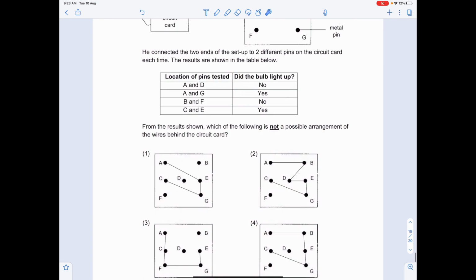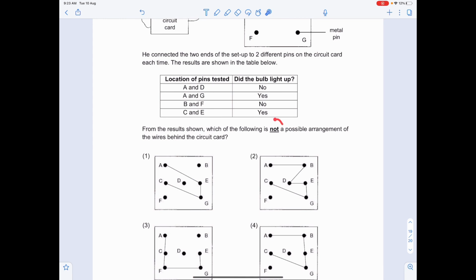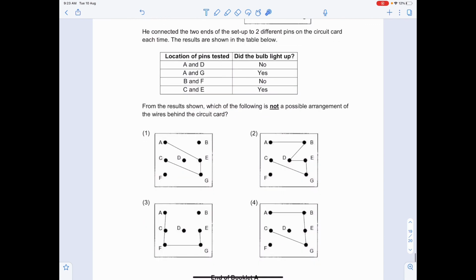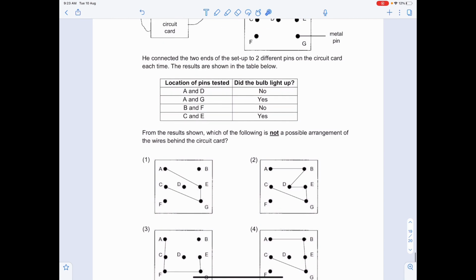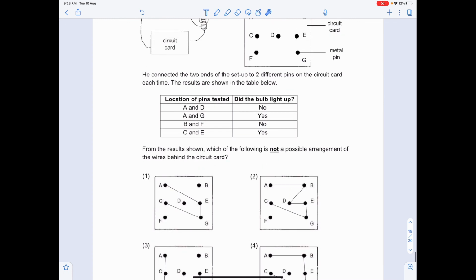From the result shown, which of the following is not a possible arrangement of the wires behind the circuit card? So in this case, three must be correct with one that is wrong. I'm going to show you one that is correct and then one that is wrong, so that you're able to know what to do in exams.